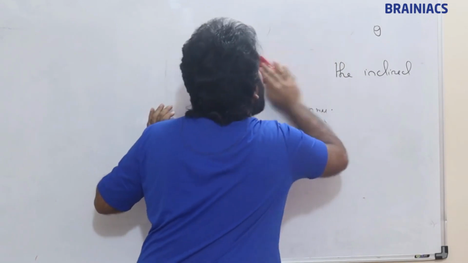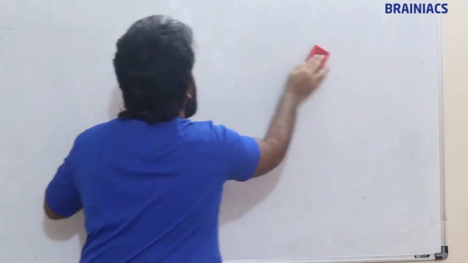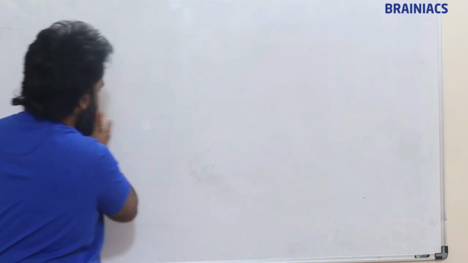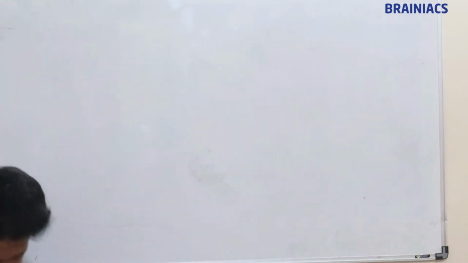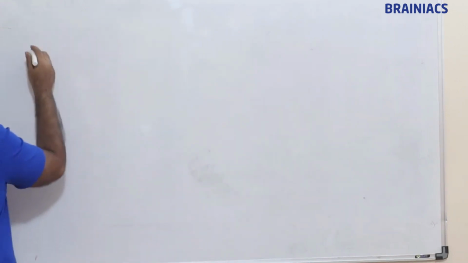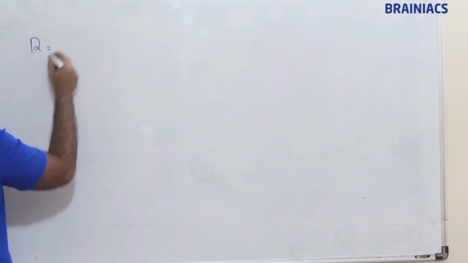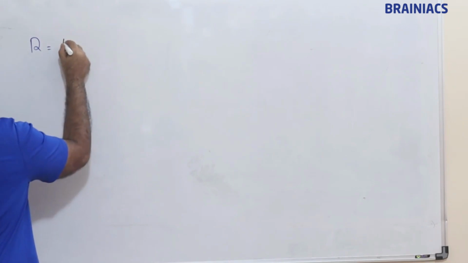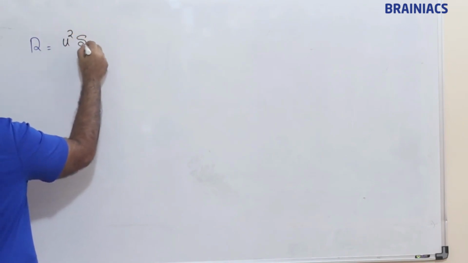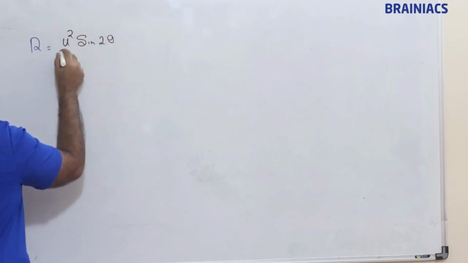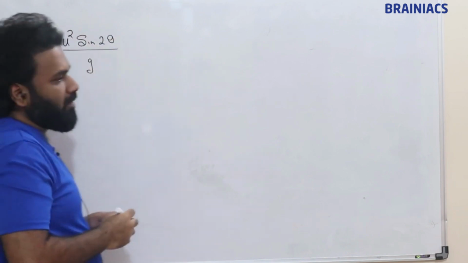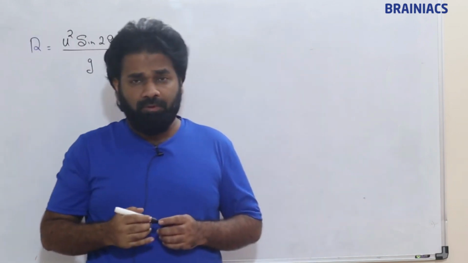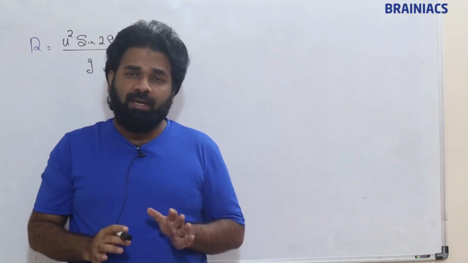We know the formula for range is R equals u squared sine 2 theta divided by g, for a normal projectile.